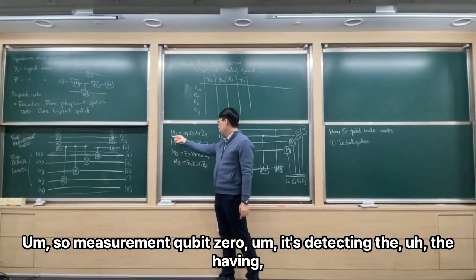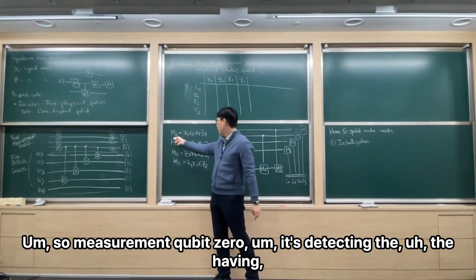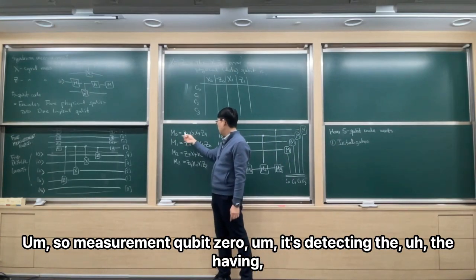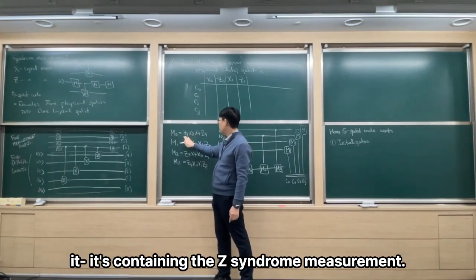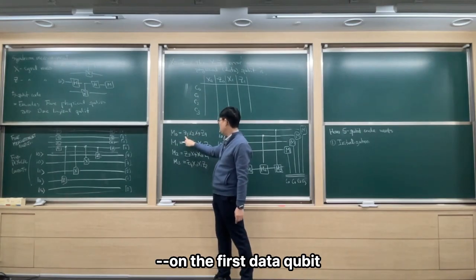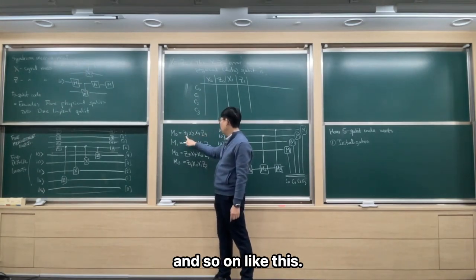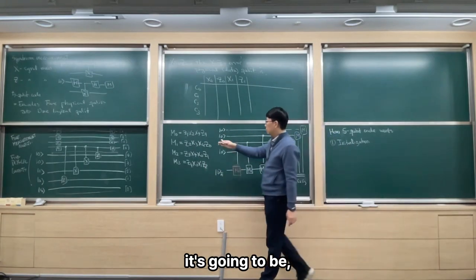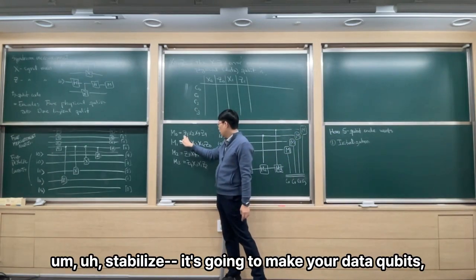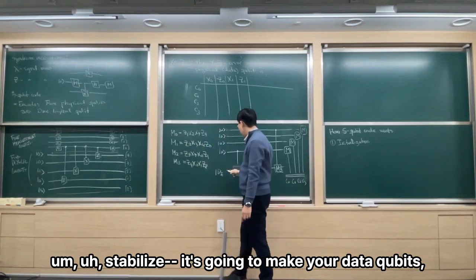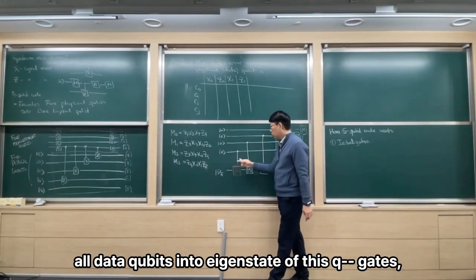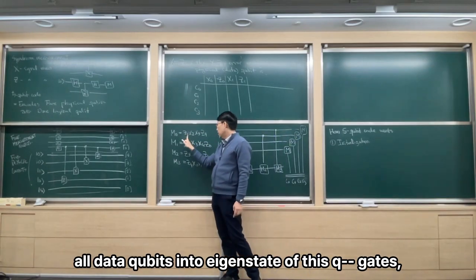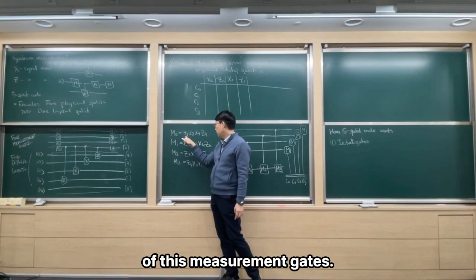Measurement qubit 0 contains the Z syndrome measurement on the first data qubit, and so on. Whenever you take a measurement here, it's going to stabilize your data qubits, making all data qubits eigenstates of these measurement gates.